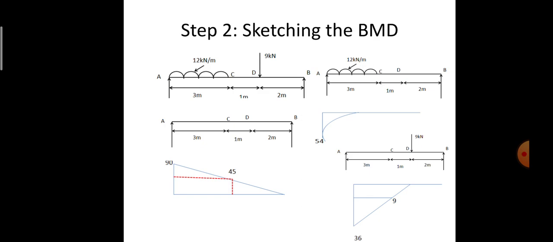First, since we have 2 forces over here, in order to sketch the bending moment diagram by considering all forces together, it becomes difficult for us to solve the problem.